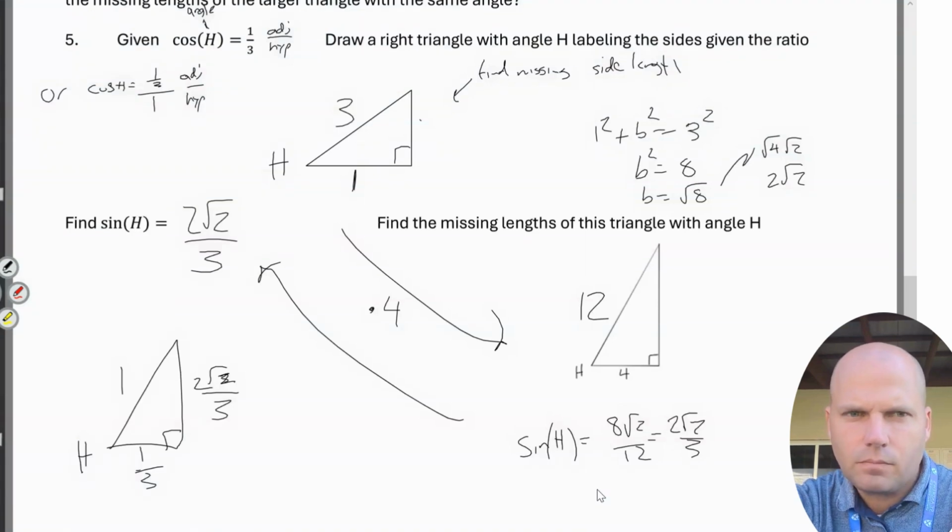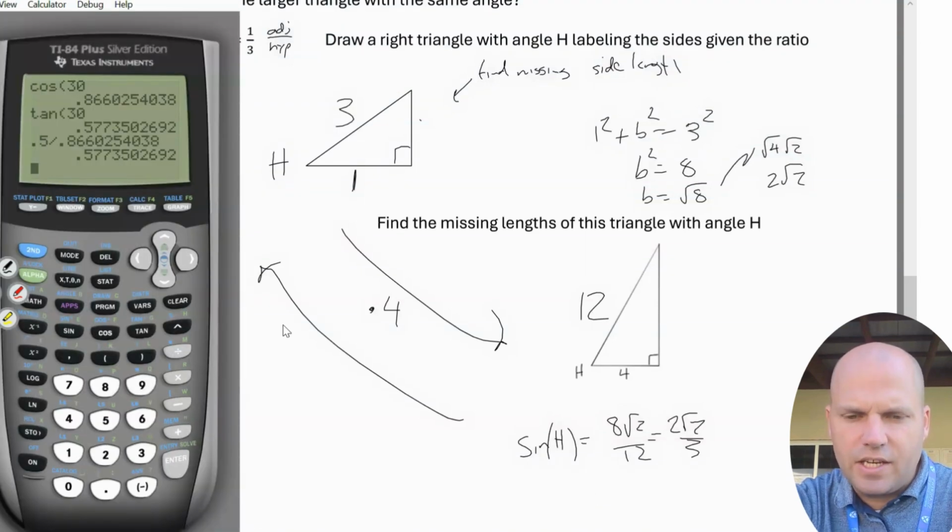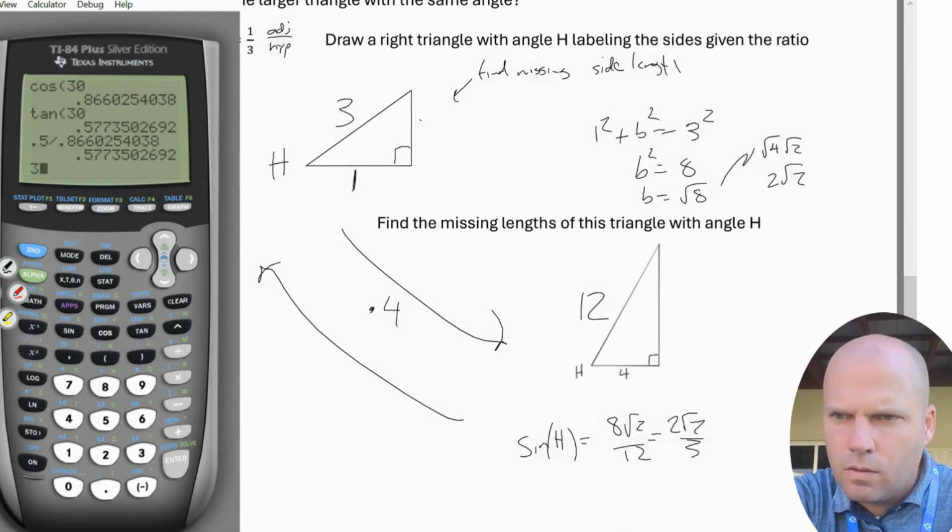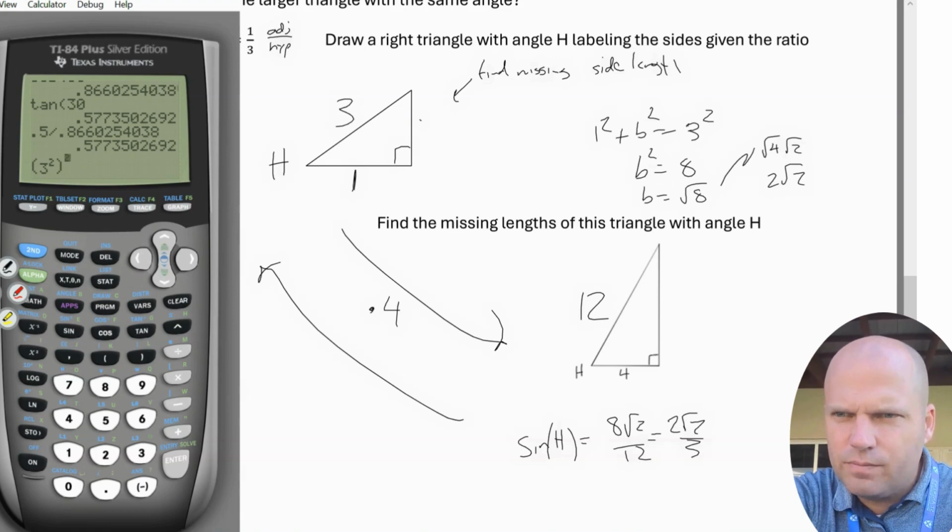Let's say you did 3 squared minus 1 squared, and you square rooted that.